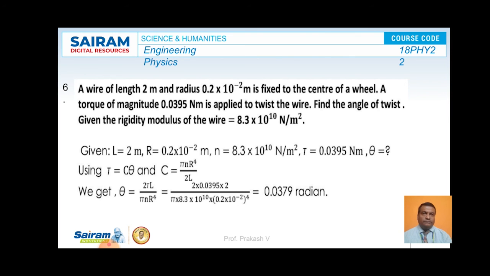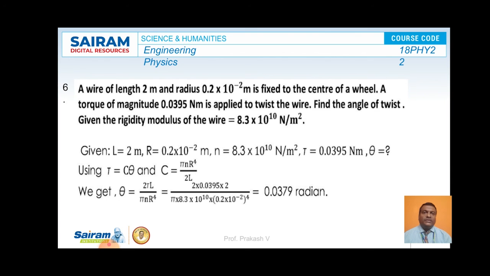So the given data is length of the wire L is equal to 2 meter, radius of the wire, that is capital R, is equal to 0.2 into 10 to the power of minus 2 meter, and the rigidity modulus of the wire, that is N, is equal to 8.3 into 10 to the power of 10 Newton per meter square, and the torque is given as 0.0395 Newton meter, and we have to calculate theta here, that is the angle of twist.